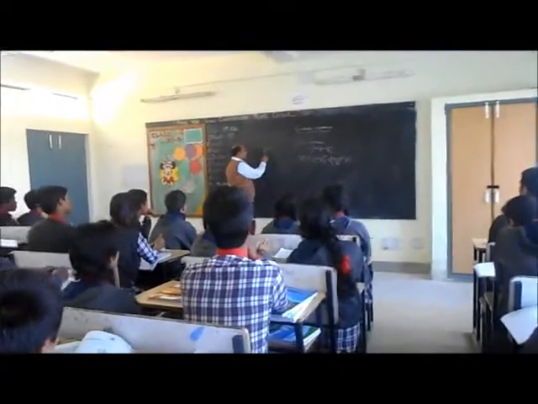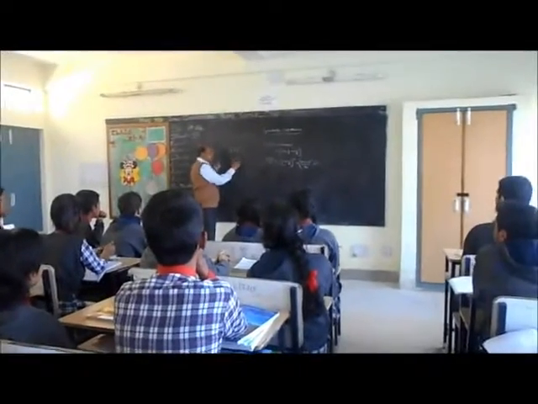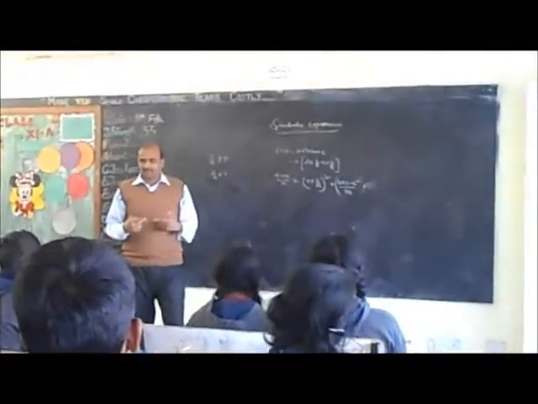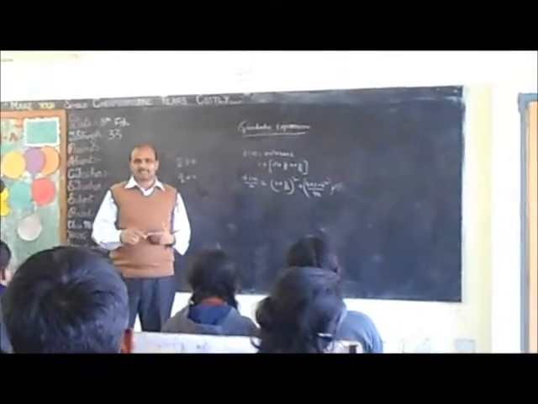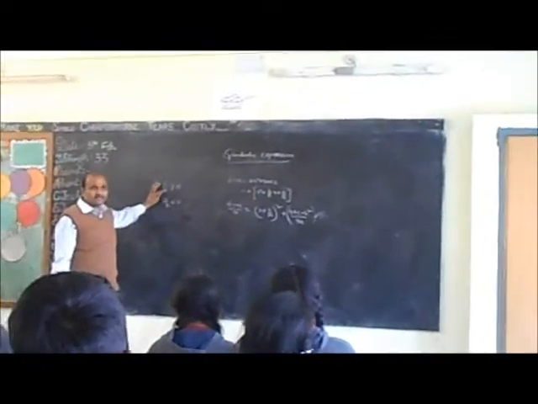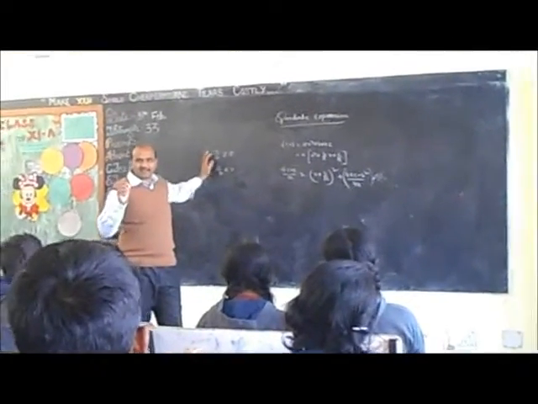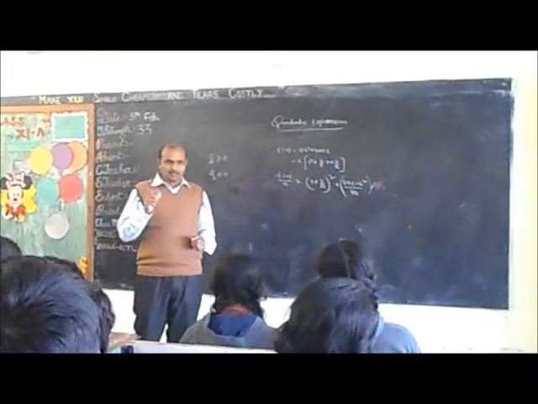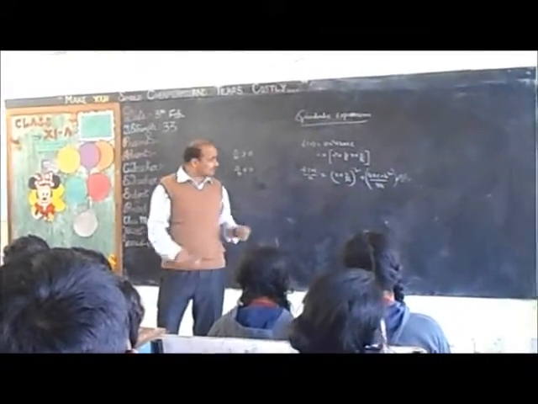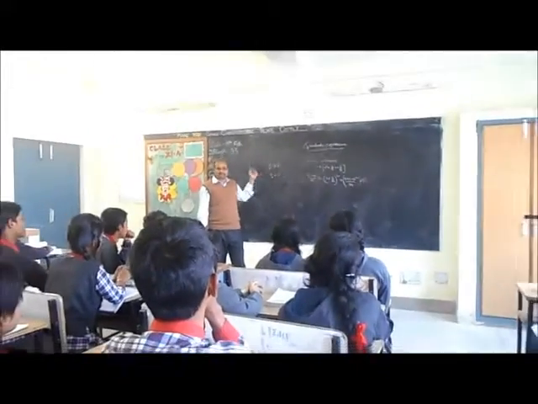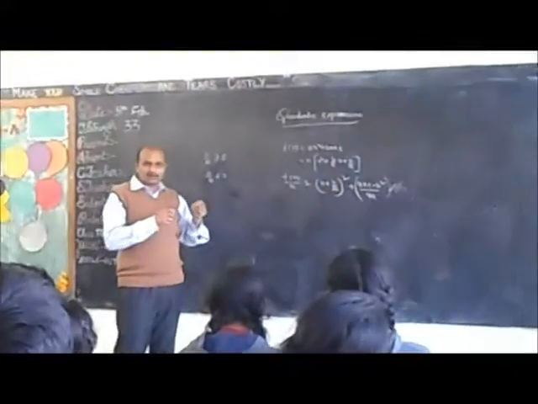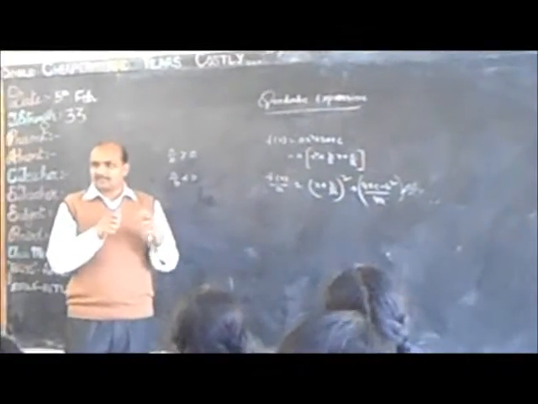When a by b is less than 0, either a or b should be less than 0. Means a and b have opposite signs.